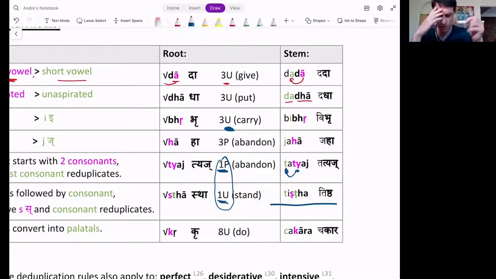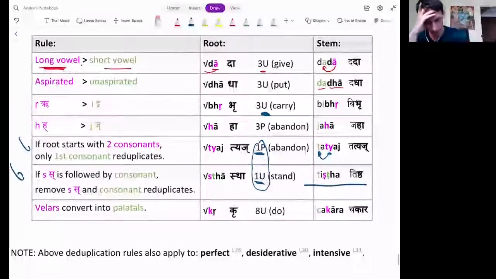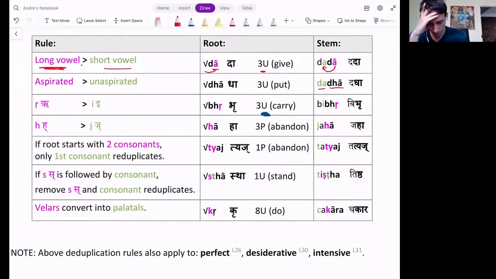So with the star, how did it become T? Okay. Because if only the ta is being reduplicated, how did it become T? Yeah, hold on. If S is followed by a consonant, because we also had to apply all the other rules before in order to arrive at this.